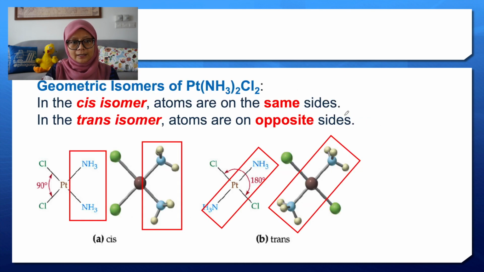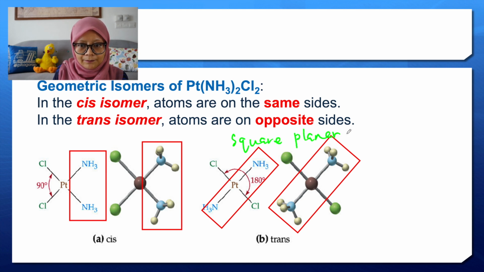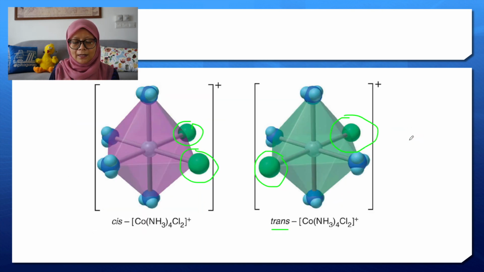In this case, for the cisplatin or the platinum complex here, we have square planar geometry, while for the cobalt here, we have the octahedral geometry.